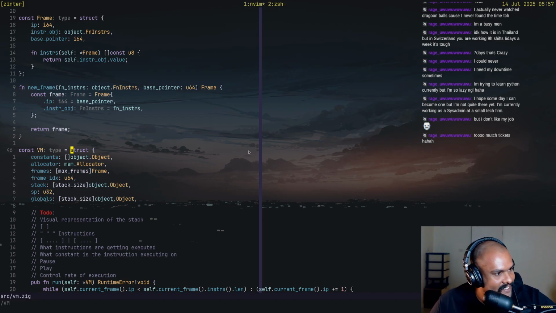Too many tickets. I don't know what a sysadmin does. Oh, okay. It's kind of like IT. How are you trying to learn?